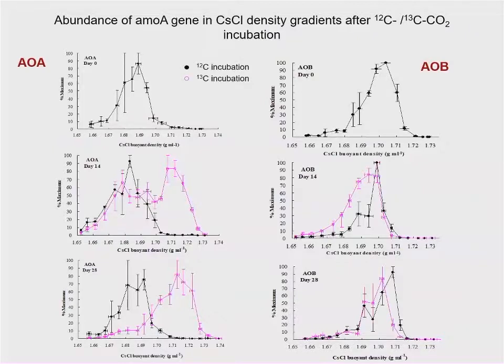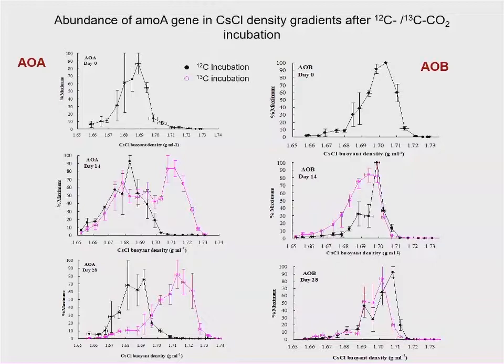So we extract the DNA and measure the buoyant density. After 2 weeks or 4 weeks of incubation, we extract the DNA. This is for AOA. The DNA shifted to the heavier group. It is heavier than the carbon-12 DNA. It means those AOA play the role in the nitrification.